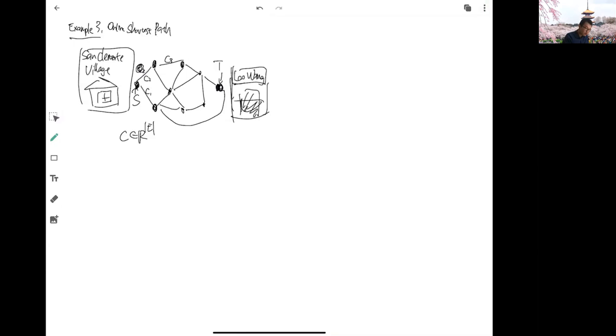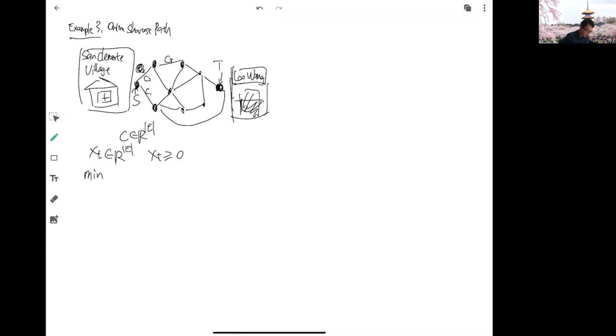So let's formulate this problem as an online convex optimization problem. Let's say we have this decision variable xt in R to the e. This xt needs to be positive, and it also needs to satisfy some constraints.